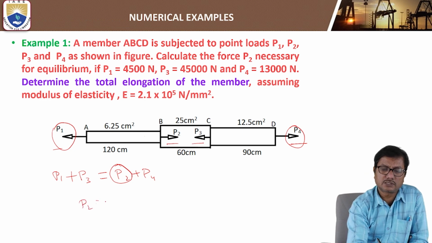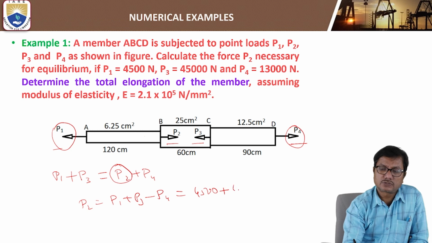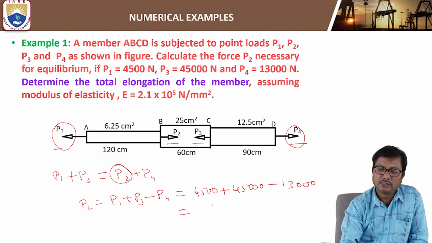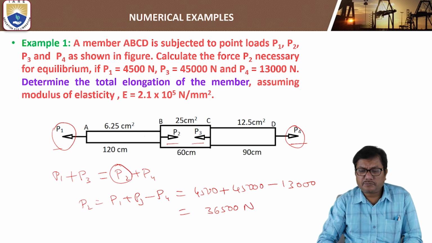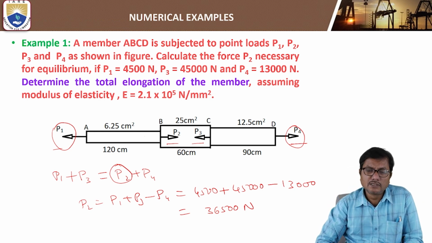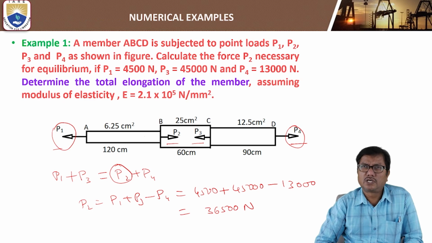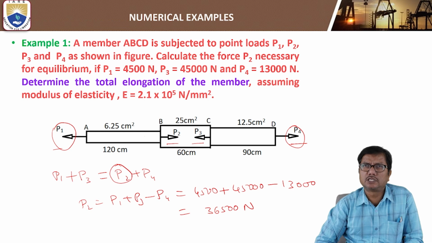So P2 is P1 plus P3 minus P4, that is 4500 plus 45,000 minus 13,000, so it is 36,500 newtons. So first you have to find the force P2 which satisfies the equilibrium condition.